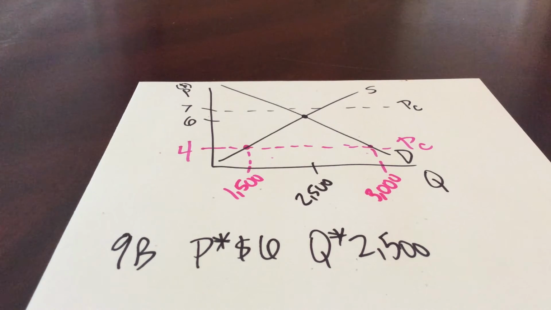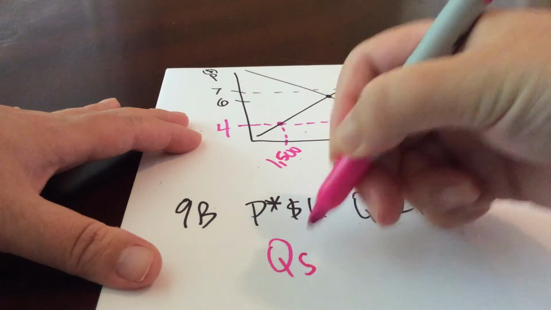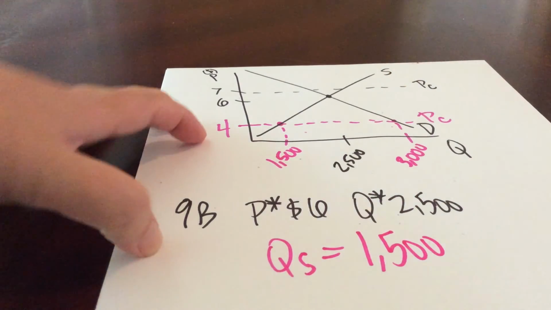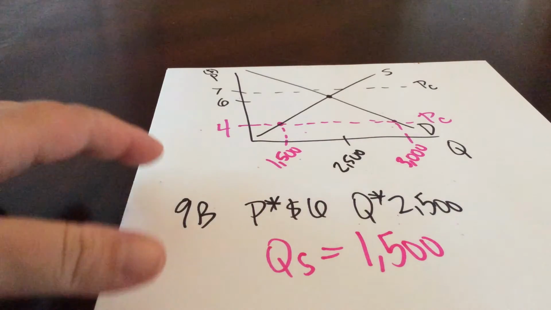Now the question specifically says, if we have a price ceiling of $4, what is the quantity bought, the shortage of meals, and the maximum price that someone is willing to pay for the last meal? Okay, so let's start with, well, what's the quantity bought? The quantity bought is simply what's available, or the quantity supplied. And so the answer to that would be 1,500 meals. The next question says, what's the shortage?